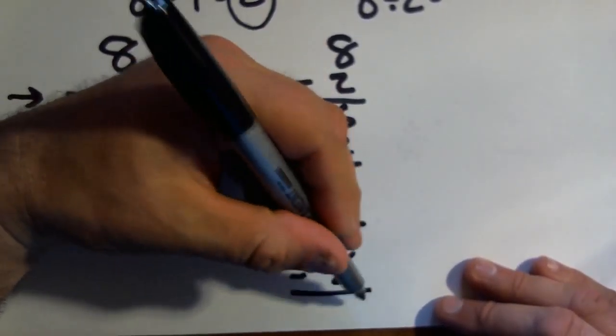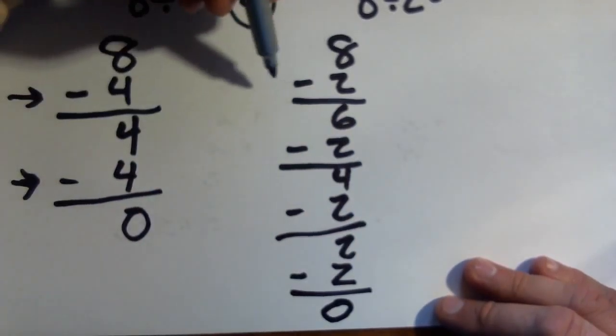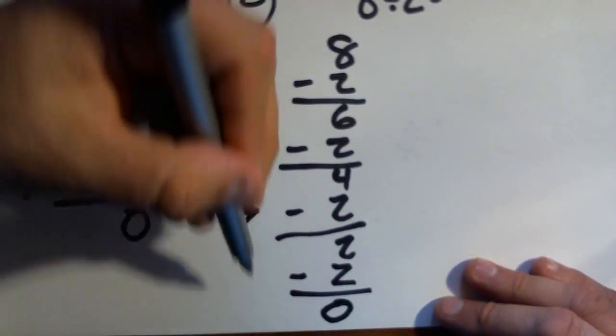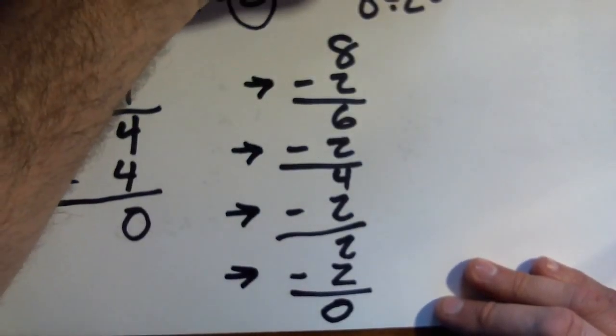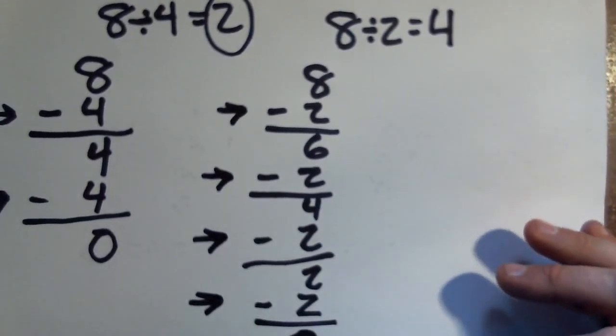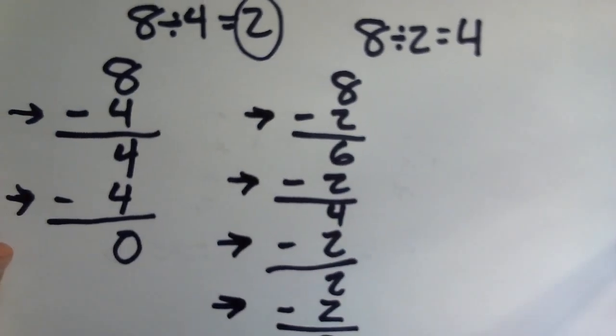Minus 2 from that is 0. So we were able to subtract 2 once, twice, 3, 4 times before we got to 0. So basically what division is, is multiplication in reverse. Seeing how many times we can subtract a number from another number.